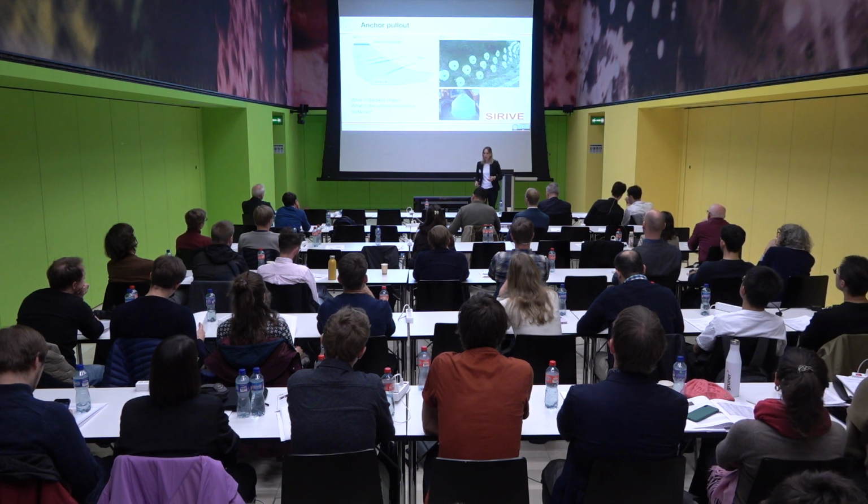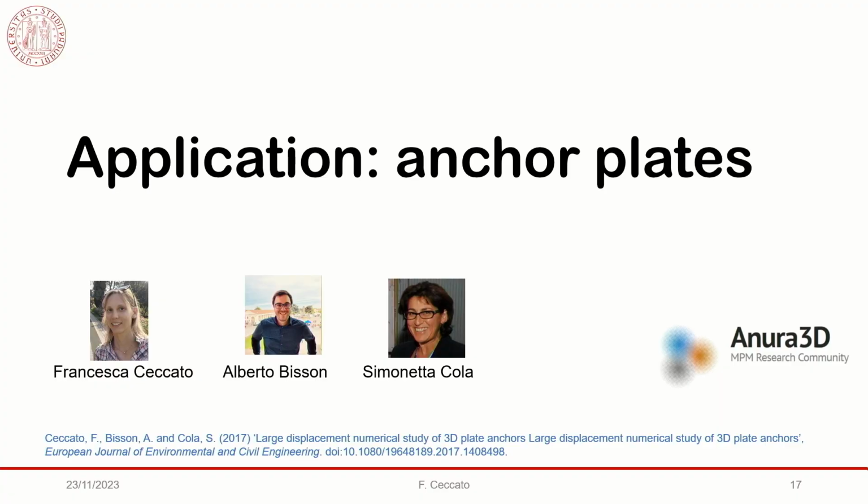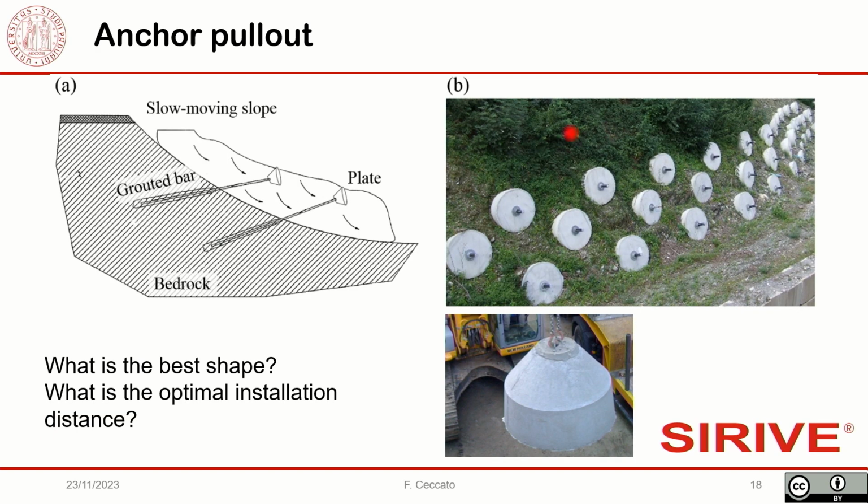So, very short. This is an application for an industrial case. At that time, there was this company, Sea River, that was developing a passive anchorage system for the stabilization of slow-moving landslides. They basically use these anchors, grouted bars with a certain plate, in order to slow down the movement of the landslide.